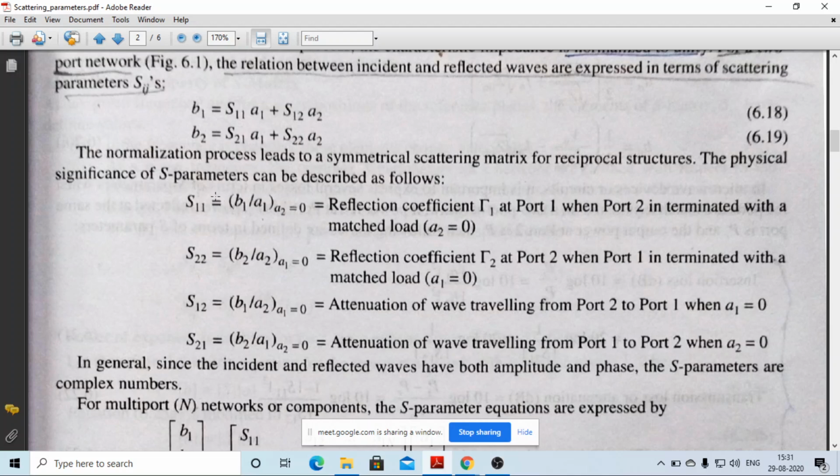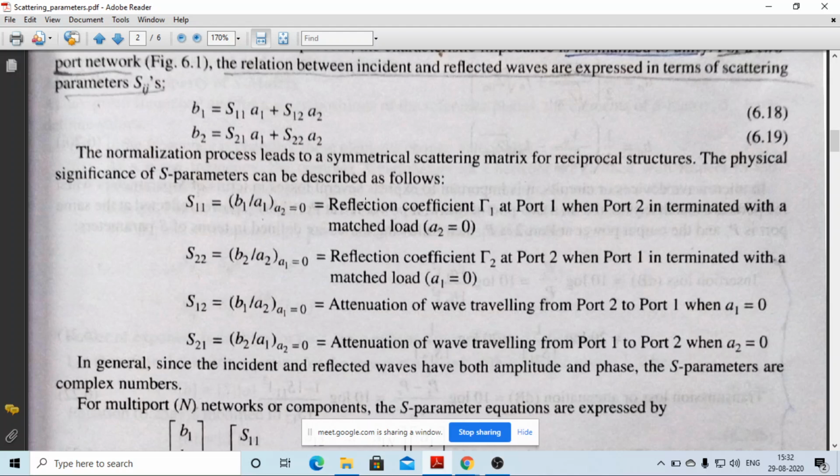Your S11 is called the reflection coefficient, because reflection coefficient is generally defined as the amount of reflected wave with respect to the amount of incident wave. So S11 is B1 by A1. B1 is related to the reflected wave and A1 is related to the incident wave. The ratio B1 by A1 is defined as the reflection coefficient.